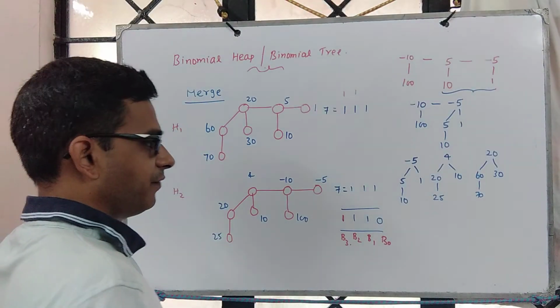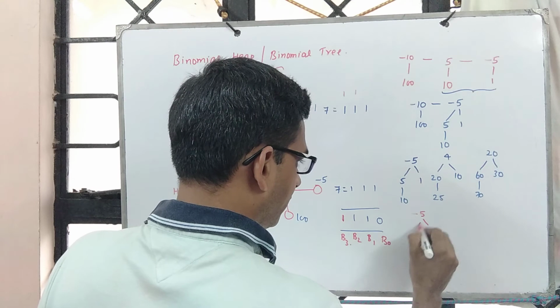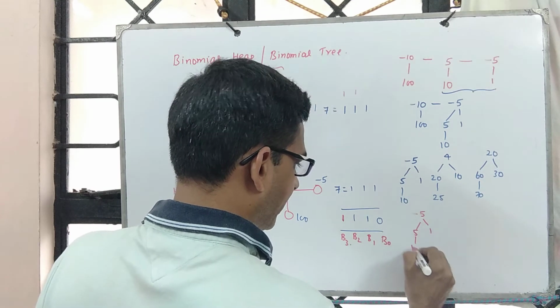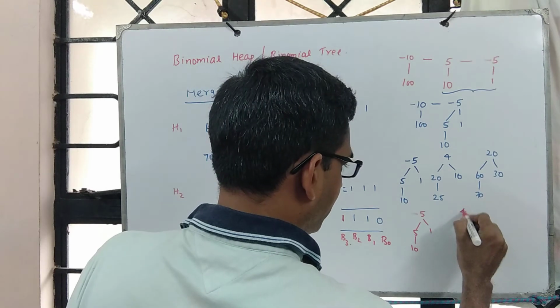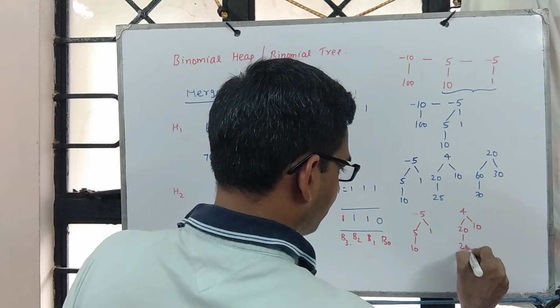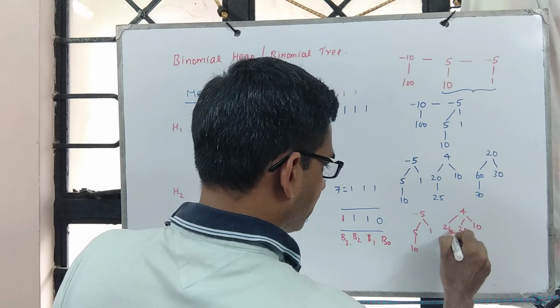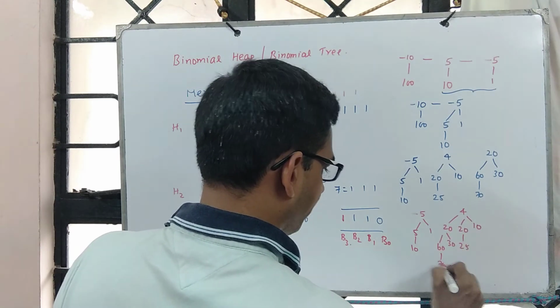Here again we retain 1. Say we retain minus 5, 1, 5, 10 and merge the other two following min property. So you get 4, 10, 20, 25. On the other side 20, 30, 60, 70.